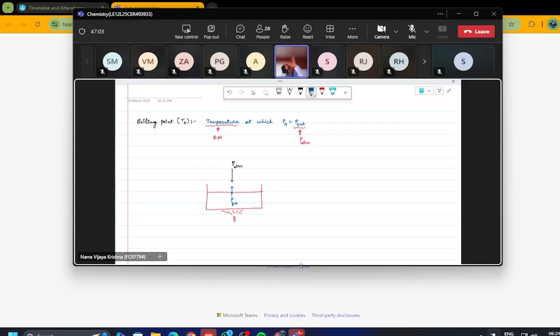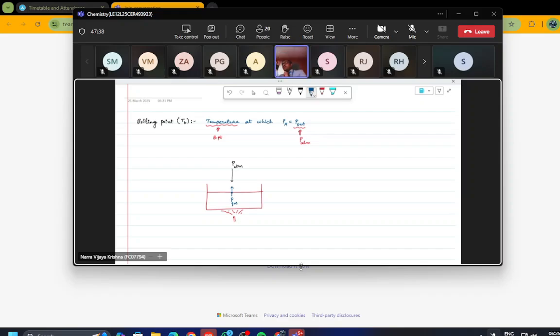That bubble is nothing but liquid converted into vapor. That is the vapor pressure of that liquid. It is trying to go out, but the atmosphere is not allowing it. If I keep giving energy, what happens to the pressure of that bubble? At some point, it shows pressure equal to atmospheric pressure, and then it comes to the surface.